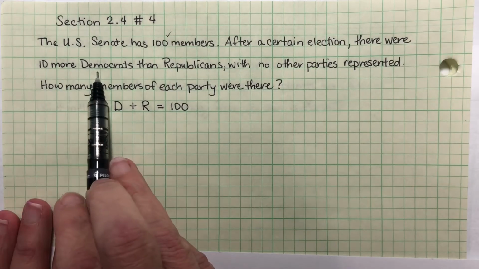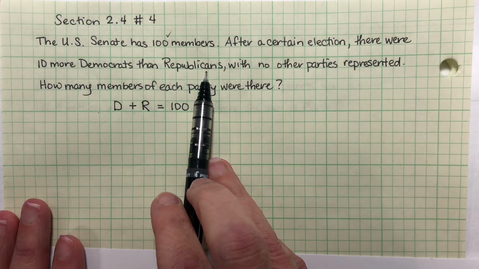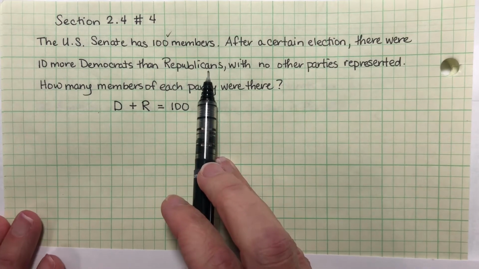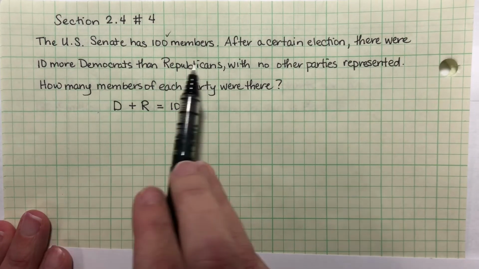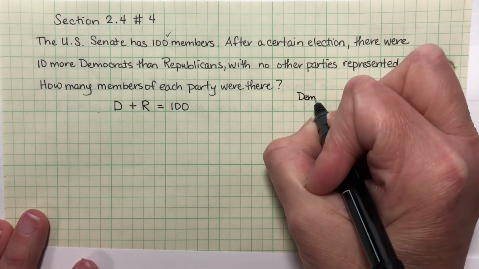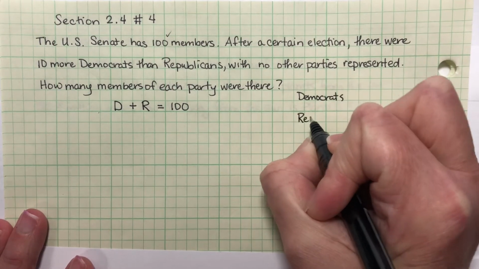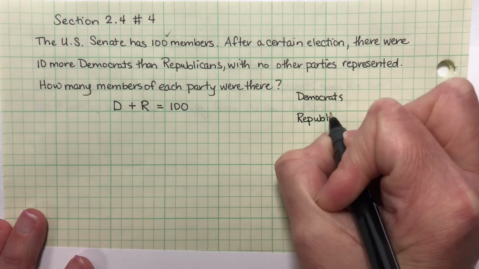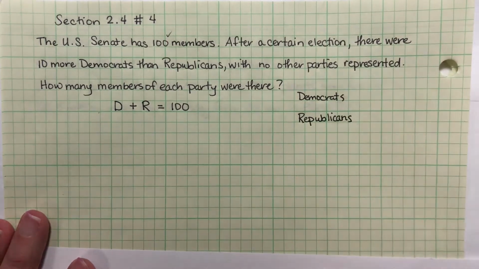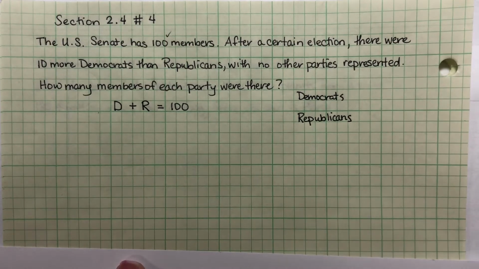There were 10 more Democrats than Republicans. Okay, I need a way in math of talking about how many of each I have. So for my Democrats and Republicans, I need to let one of these equal X, and it is workable either way, okay?